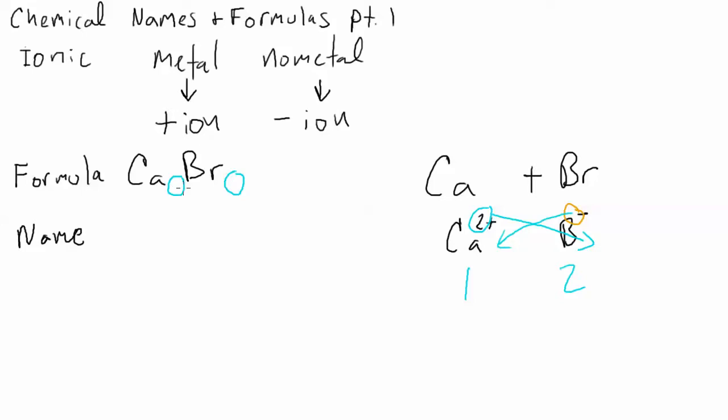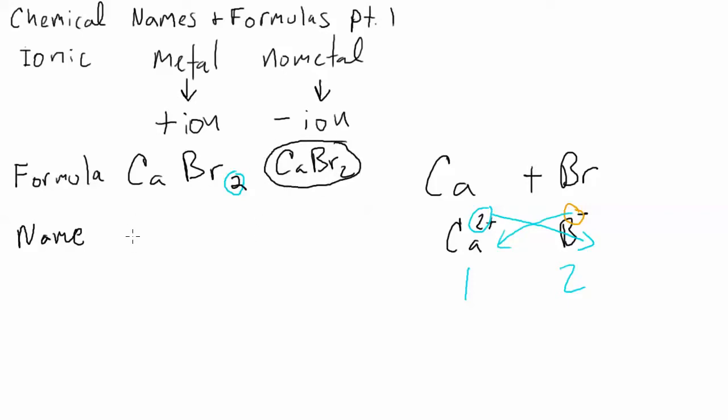So I could write the subscript 1 right here, but the rule in chemistry usually is that if the subscript should be 1, we just ignore that, because by writing calcium we know that there's at least 1 calcium in this compound. And then for the bromine we need 2, so we would write 2 right here. And so the formula for calcium bromide is CaBr2.